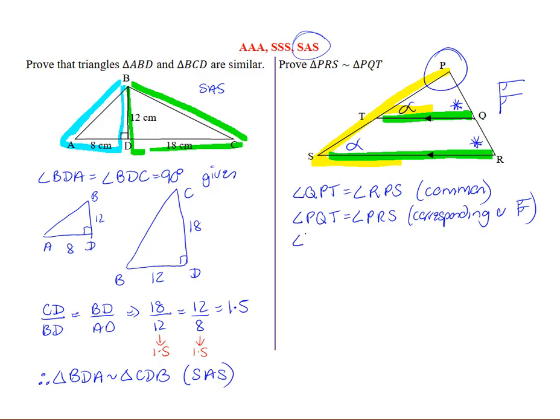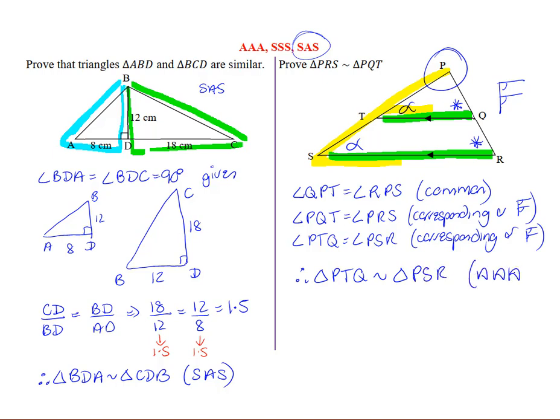So angle PTQ equals angle PSR, same reason, corresponding. Or write your F. So therefore my two triangles are similar using AAA. So triangle PTQ is similar to triangle PSR, and the reason is AAA.